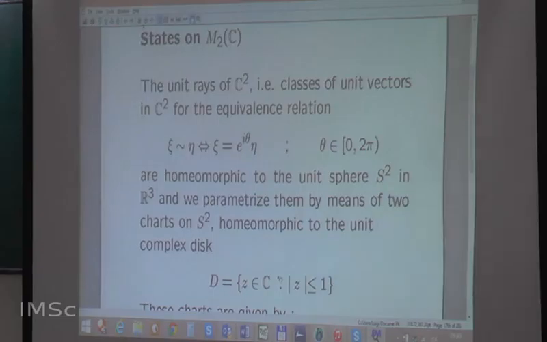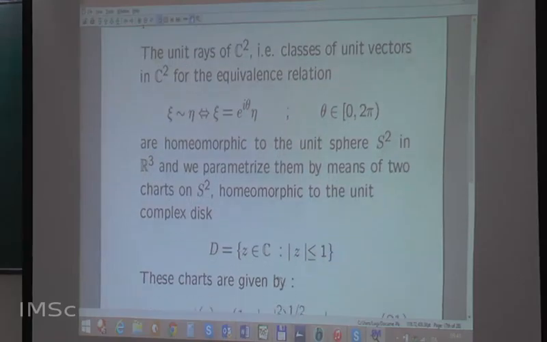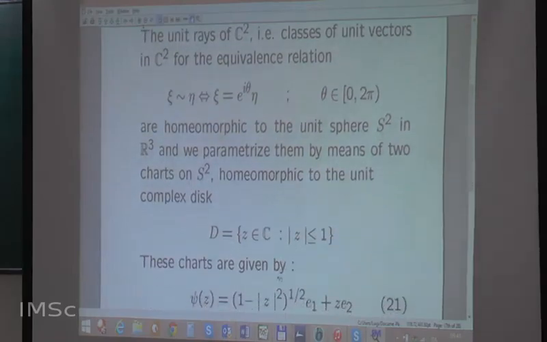Now, we want to discuss and to describe the states on the 2x2 matrices. These states can be parametrized. It is interesting that these are a manifold, but a non-trivial manifold, because the pure states on the 2x2 matrices correspond to rays.